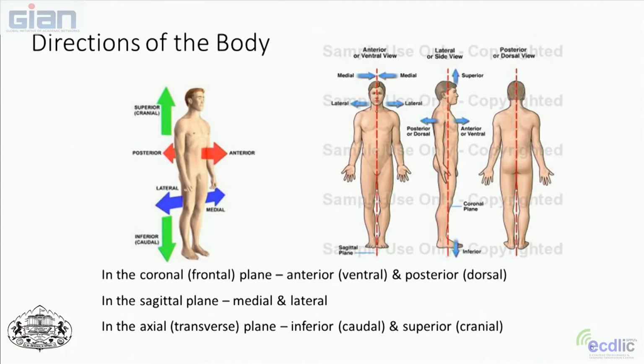And in the sagittal plane, which is the symmetric cutting in half plane, you have medial, which brings you close to the middle, and lateral, which is outwards from the middle. In the axial or the transverse plane, which cuts in half at the cross section here, you have the inferior, which is the down direction, and the superior, which is the up direction. And it's also called cranial and caudal directions that way.